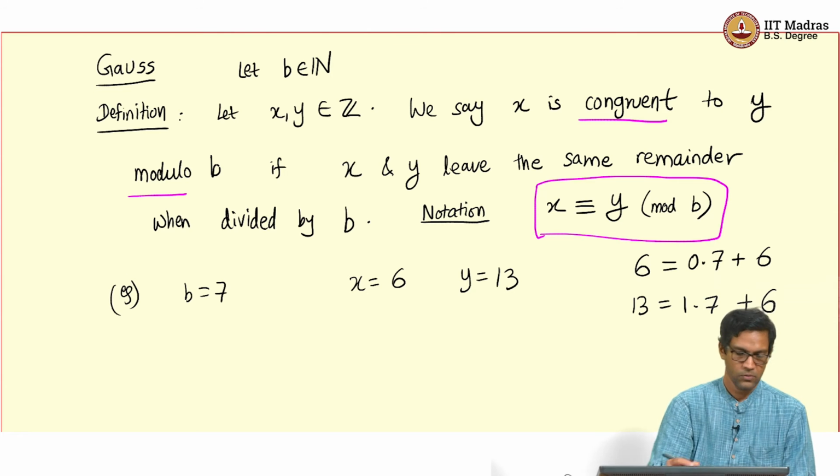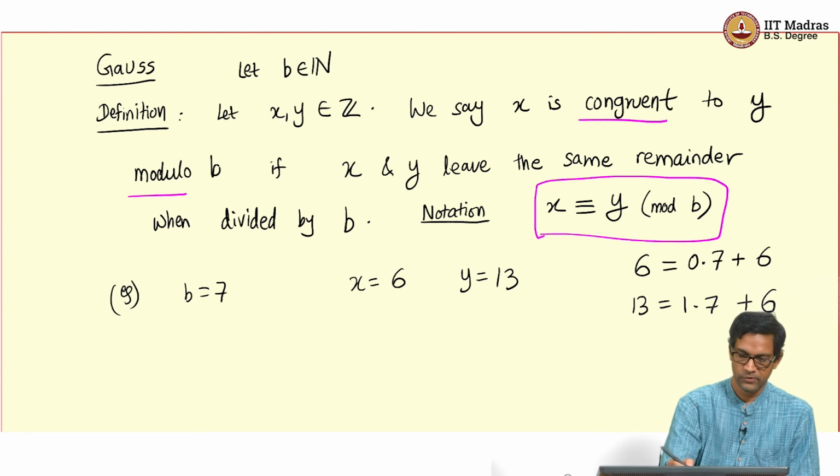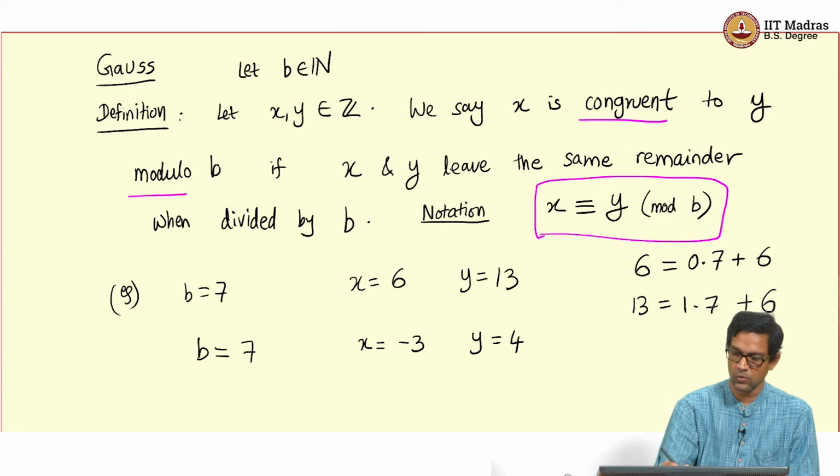Now we looked at these examples here. Let me give another one for a different choice of numbers. So suppose I take b equal to 7 again. Now let us look at some negative numbers. So if I take x to be minus 3 and y to be 4, then again x and y are congruent to each other modulo 7.